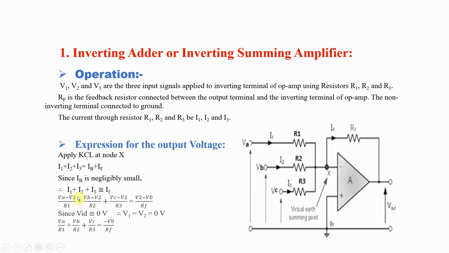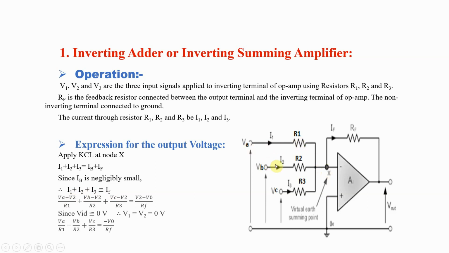Then calculate the values of I1, I2, I3. I1 means the current flowing through the resistor R1. Therefore, I1 is equal to VA minus V2. Suppose the non-inverting voltage is V1 and the inverting voltage is V2. Then I1 is equal to VA minus V2 divided by R1.